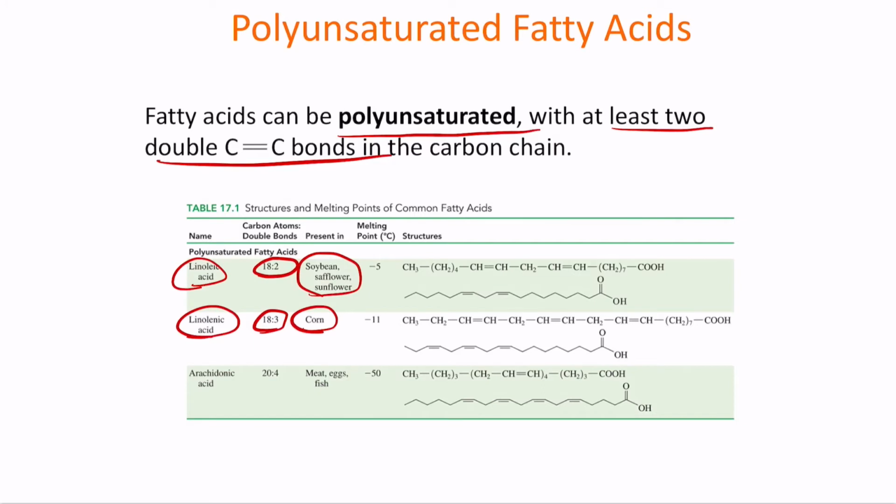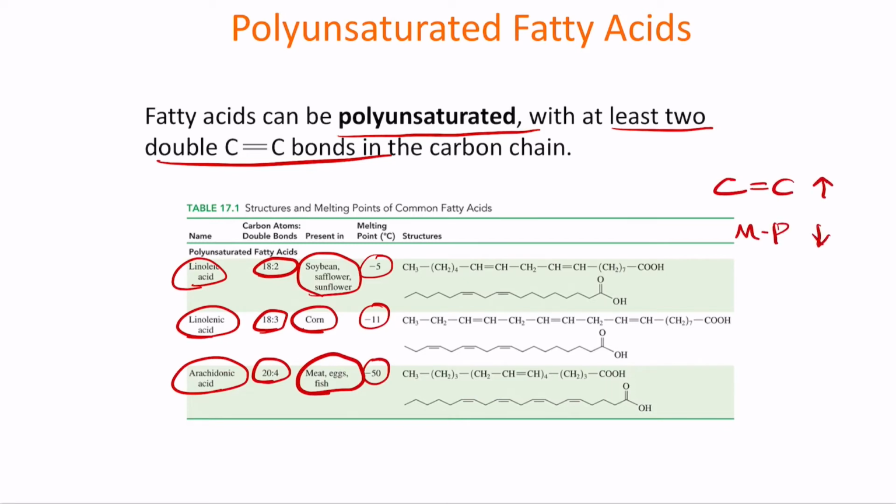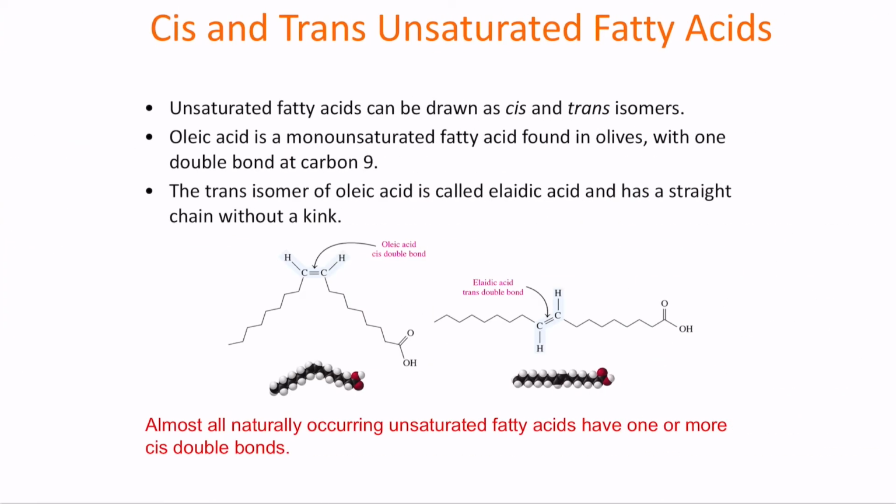You have arachidonic acid, which is 20 carbons and 4 double bonds, generally found in meat, eggs and fishes. Notice that the melting point actually decreases with the increase in the number of double bonds. As you increase the double bonds, the melting point will reduce. The more unsaturated it is, the lesser the stability of the structure.